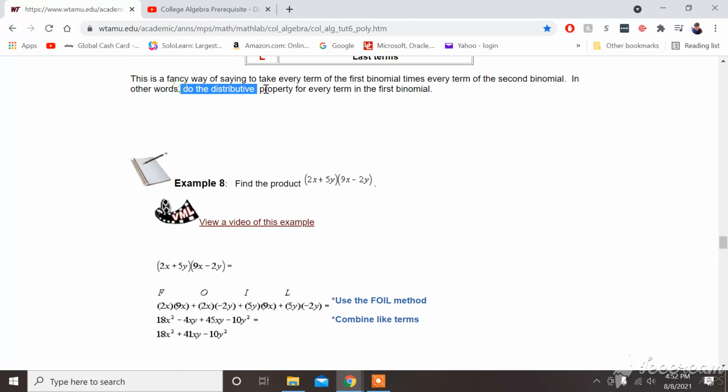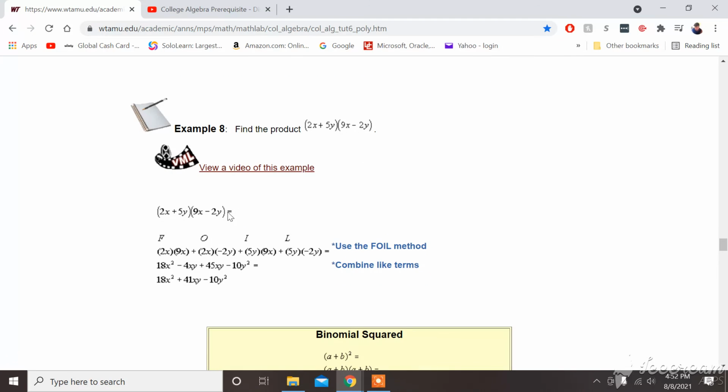In other words, do the distributive property for every term in the first binomial. So it'll be like distribute first term, distribute other term in first binomial, and then you end up like with this.